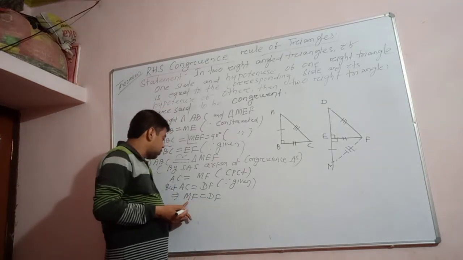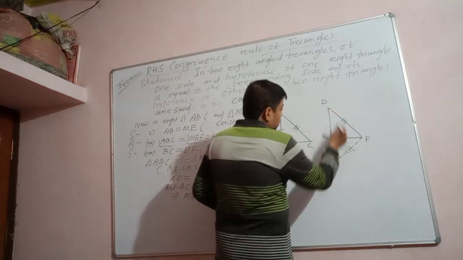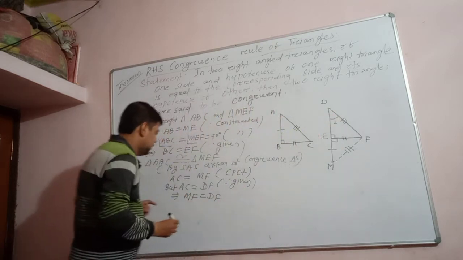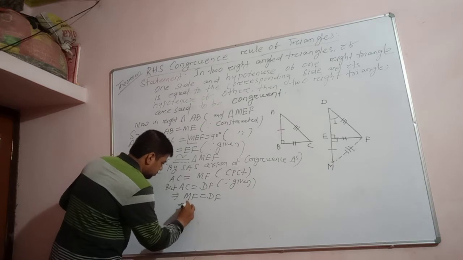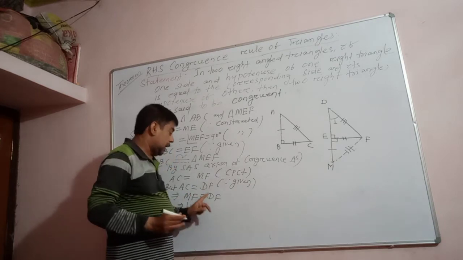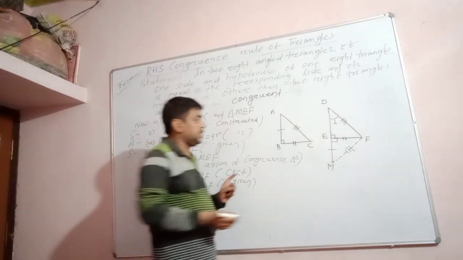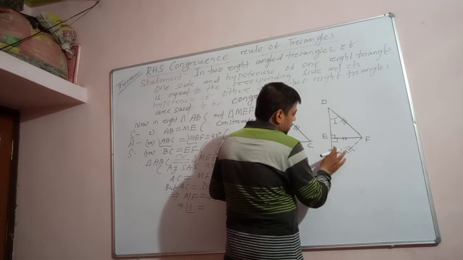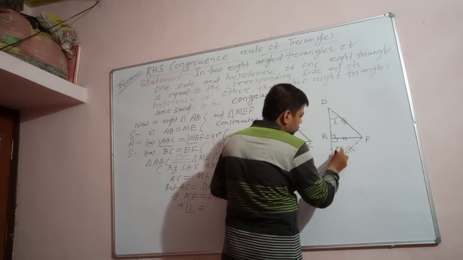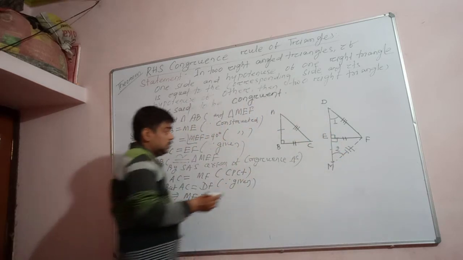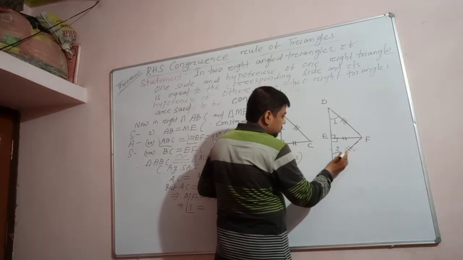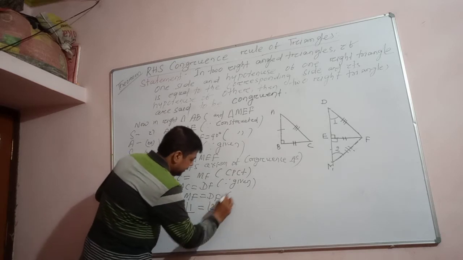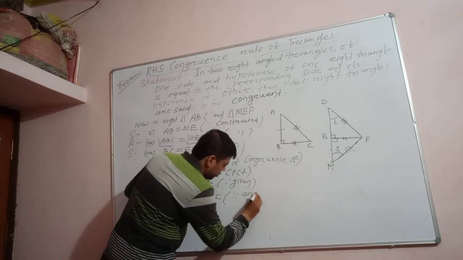The angle opposite to side MF, suppose angle number 1, is equal to the angle opposite to side DF, suppose angle number 2. Why? Because angles opposite to equal sides are equal.